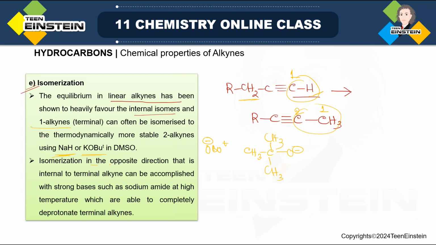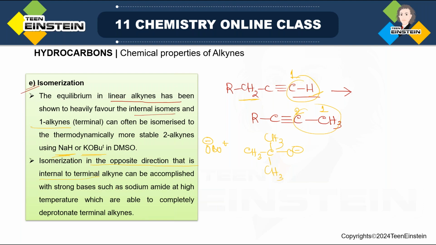If we want to do isomerization in the opposite direction, that means you want to move from internal alkyne to terminal alkyne, how can you do so? You can do so with strong bases such as sodium amide at high temperature. Now we are using another strong base, sodium amide, and you have to do this at high temperature, and it is able to completely deprotonate the terminal alkyne.